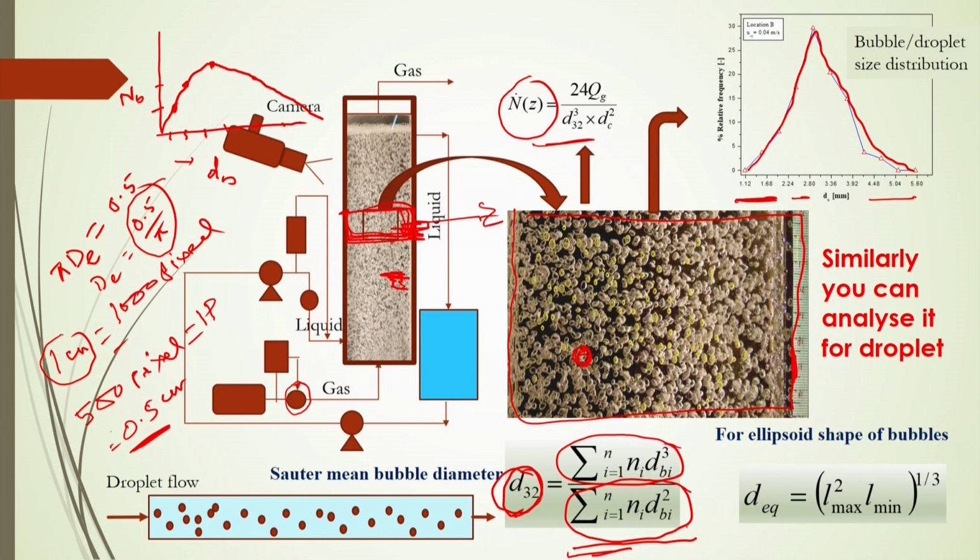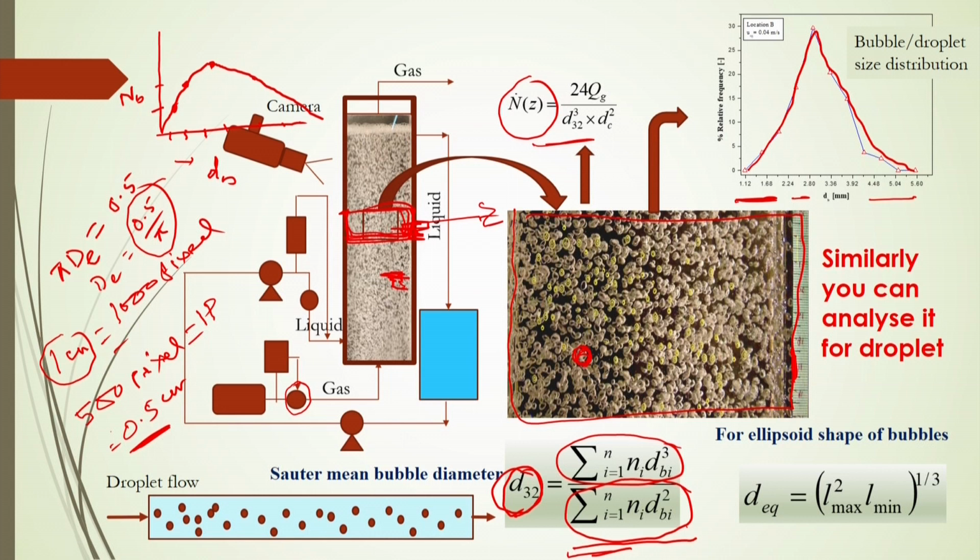What is that density? It means per unit cross-sectional area, or per unit volume of the cross section you consider, how many bubbles are coming there. If you divide the number of bubbles by the volume of that particular cross section, then you have the density of the bubbles.